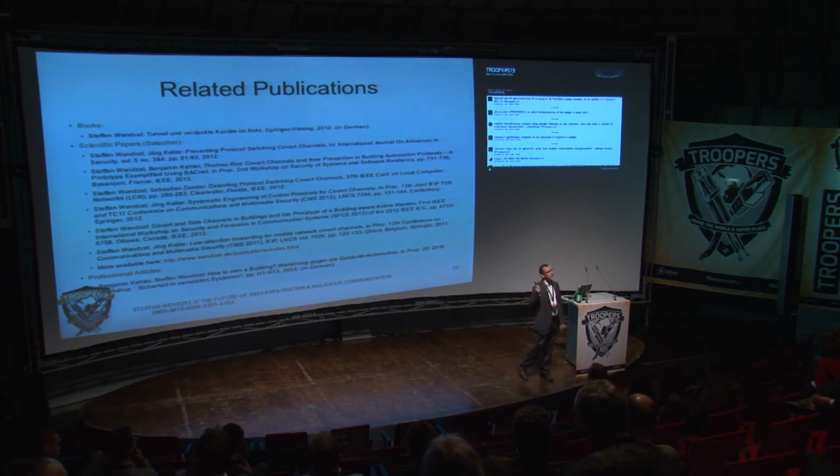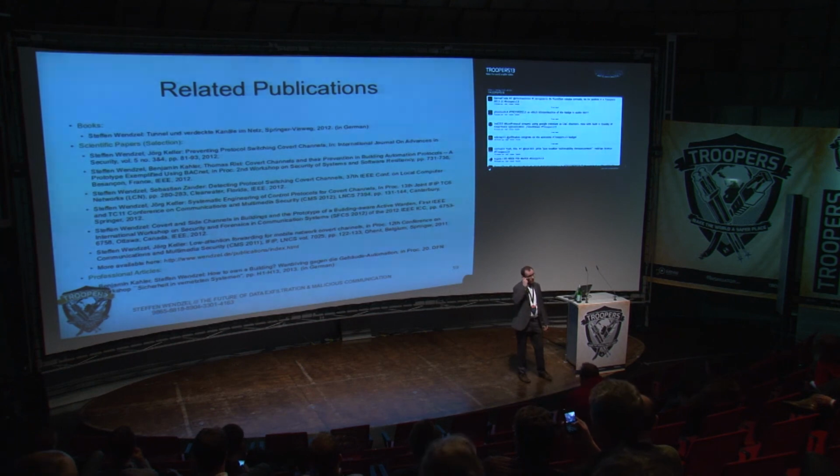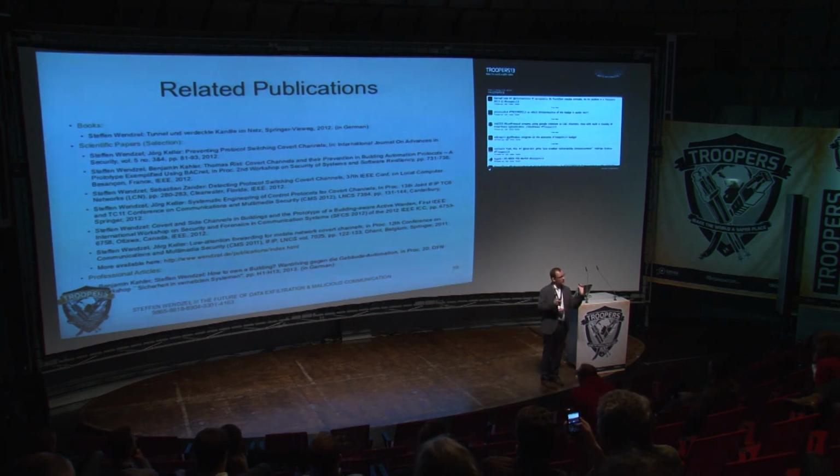The paper is that one. We can detect protocol switching covert channels based on the time between the protocol switches, not the time difference between the packets, and we used the number of protocol switches per 5,000 packets.